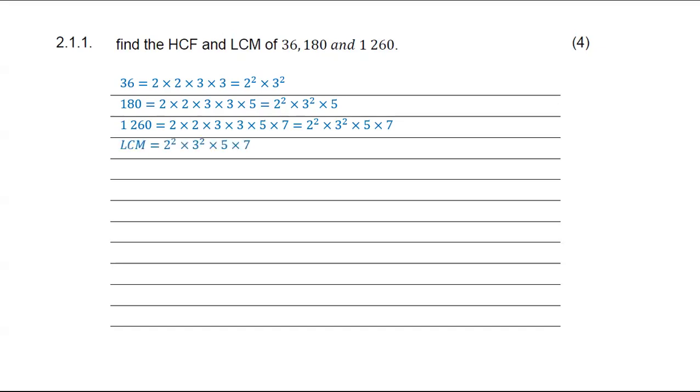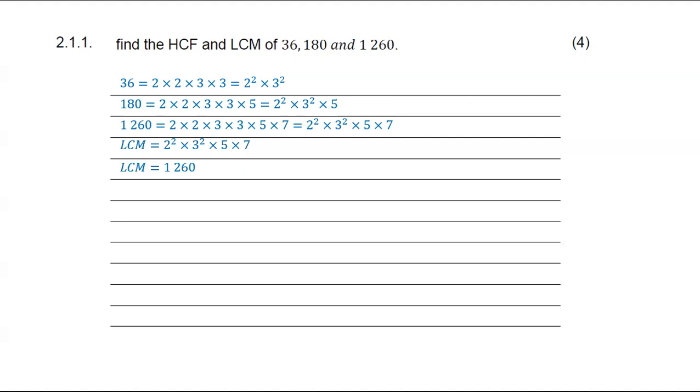You always choose one prime, but if it's common, you take the one with the lowest exponent. You got that? And our lowest common multiple here will be 1260.